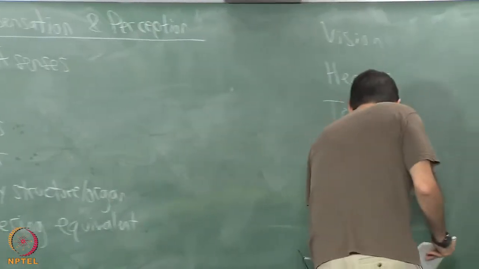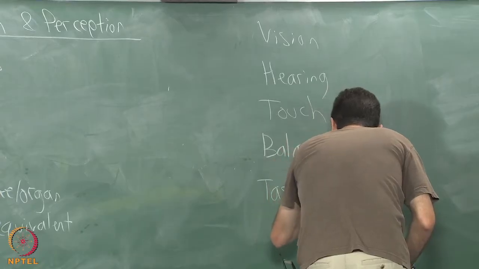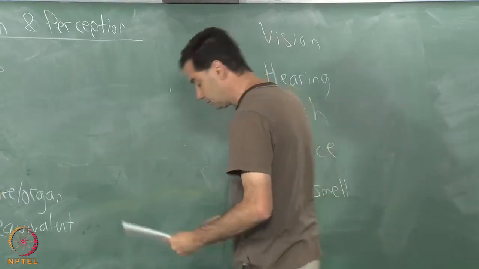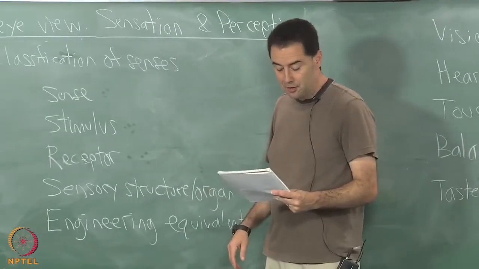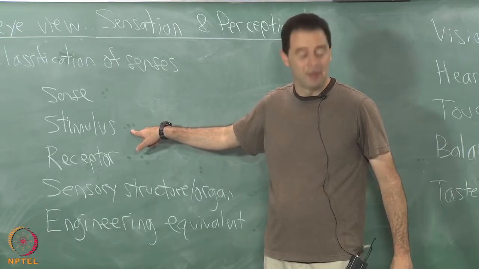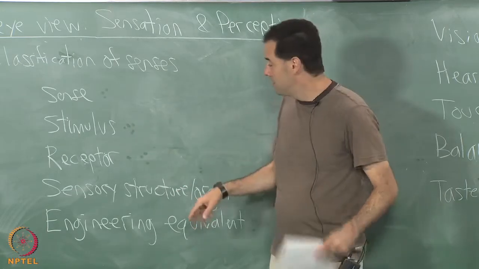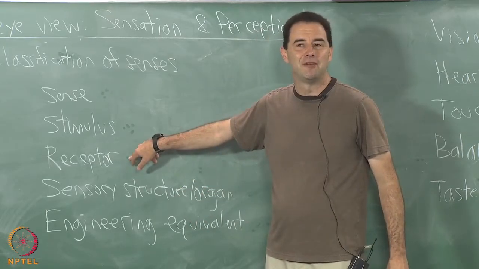And finally, I'll put these both together, taste or smell. So in this case, the sense is taste or smell. The stimulus is chemical composition, right? So we have some chemical composition, and it turns out in this case we have chemoreceptors, right? So some kind of chemical receptors.